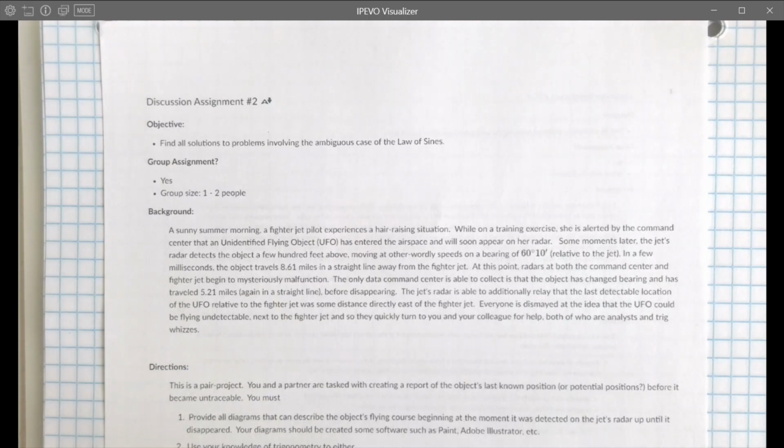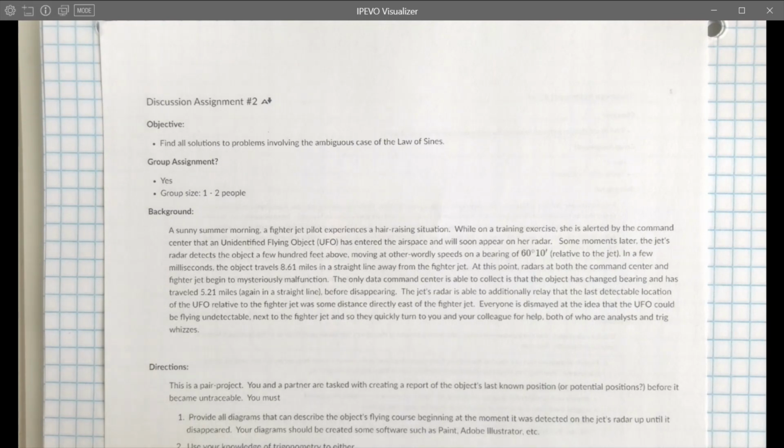The jet's radar is able to additionally relay that the last detectable location of the UFO relative to the fighter jet was some distance directly east of the fighter jet. Everyone is dismayed at the idea that the UFO could be flying undetectable next to the fighter jet, and so they quickly turn to you and your colleague for help, both of whom are analysts and trig whizzes.